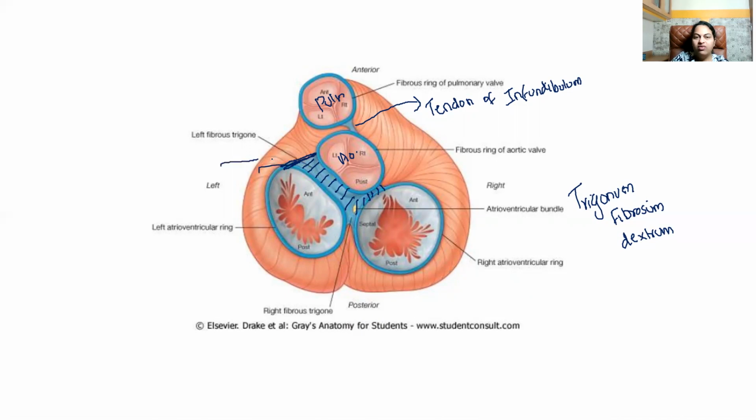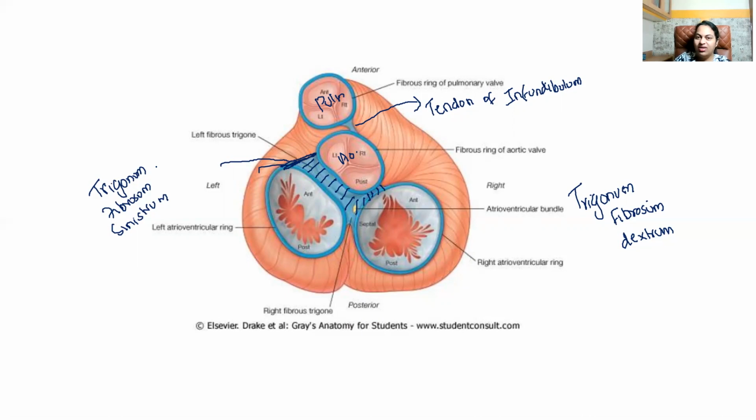The left margin of this trigonum fibrosum dextrum, between the left atrioventricular orifice and the aortic orifice, is going to be given another name, trigonum fibrosum sinistrum. Clear with these three terms? Tendon of infundibulum, trigonum fibrosum dextrum, trigonum fibrosum sinistrum.